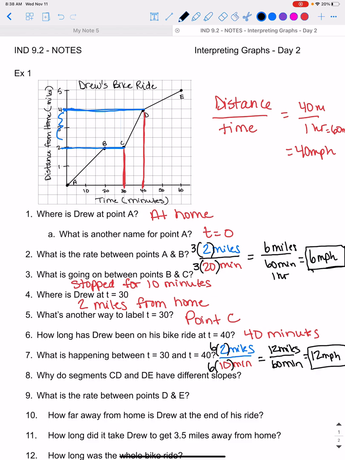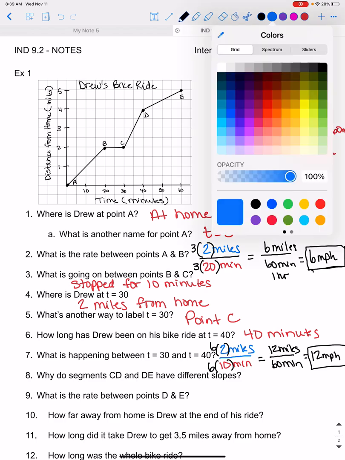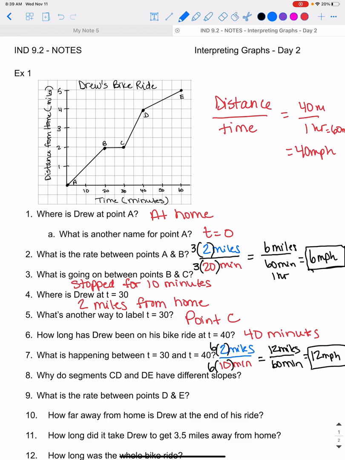Okay? All right, so let's color code what we're looking at here. So let's erase this. All right, so it says, why do segments CD, so here is CD, segment CD, right, that's there.